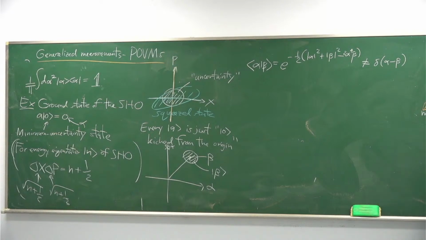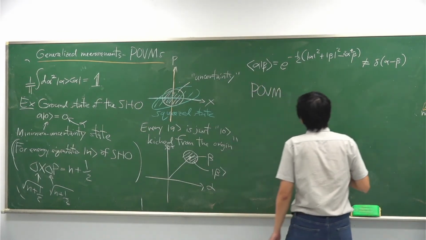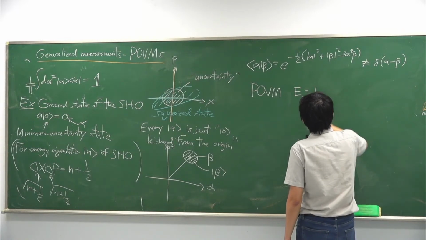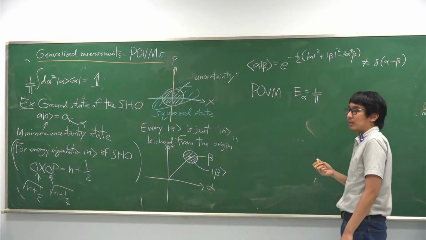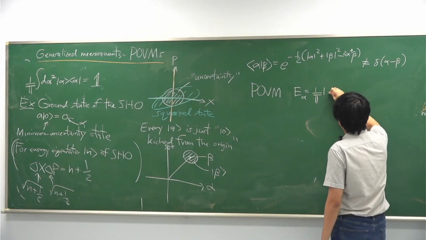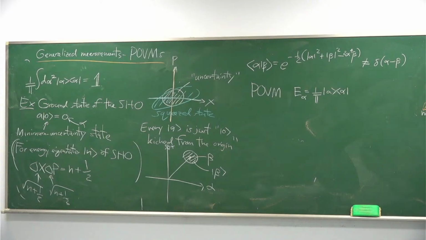Any two coherent states, when you take the inner product together, are not orthogonal. They're never orthogonal. The inner product decays as they become further and further away, but it's never zero. But you can define a POVM whose POVM elements are scaled-down coherent states.